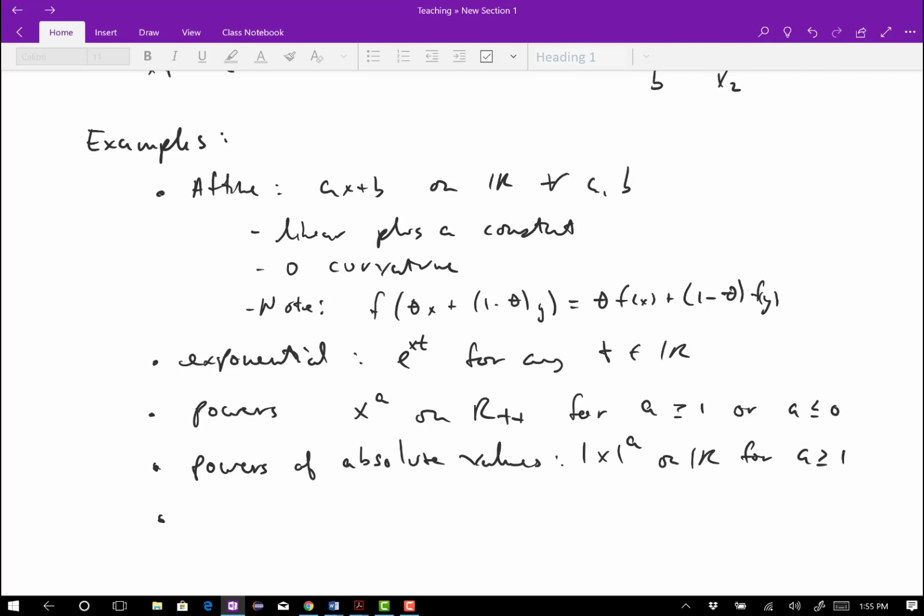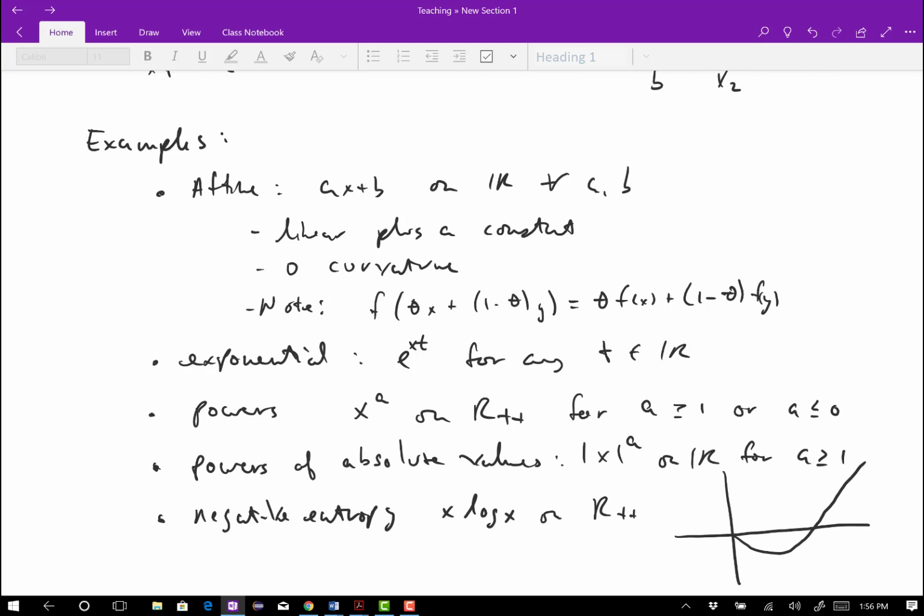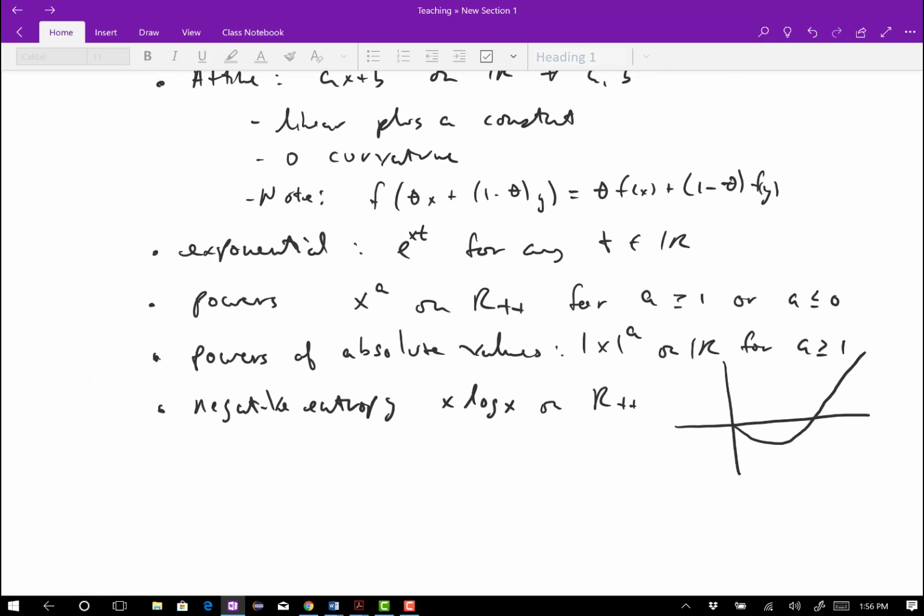The entropy function is minus x log x, and the negative of the entropy function, negative entropy, is x log x. This is defined on R++, and this is convex. The function looks like this. Roughly has that shape. So those functions are all convex.